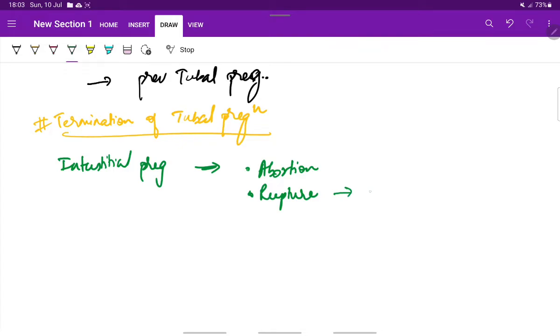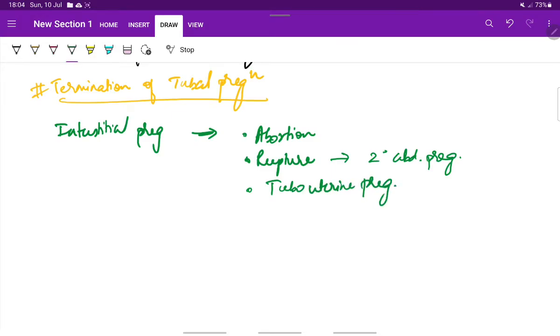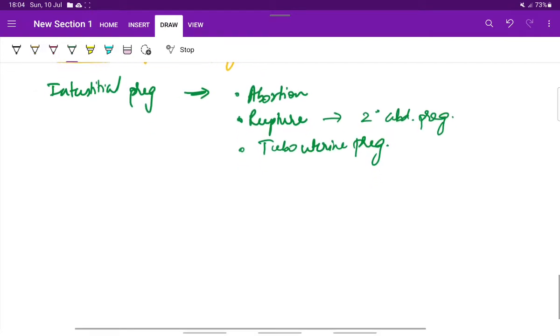The rupture can sometimes lead to secondary abdominal pregnancy if it ruptures into the abdominal cavity, or it can also lead to tubouterine pregnancy, a part of which is present in the tubes and a part is present in the uterus, so it forms tubouterine pregnancy.